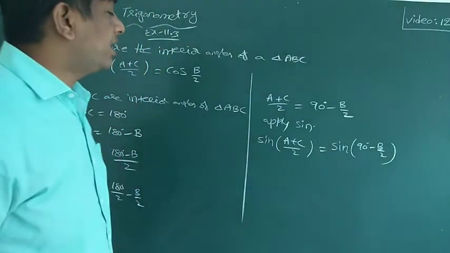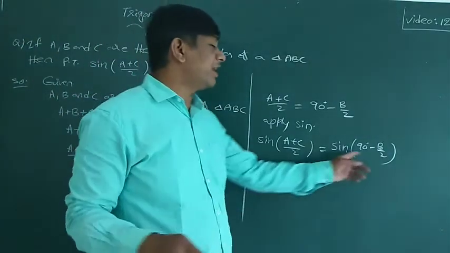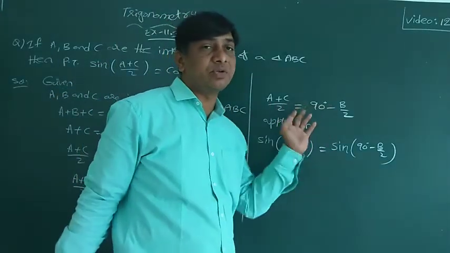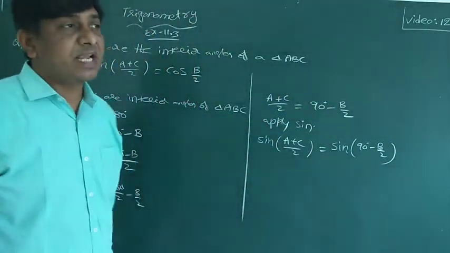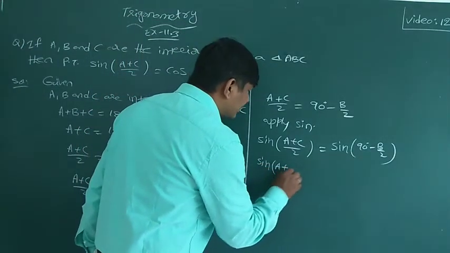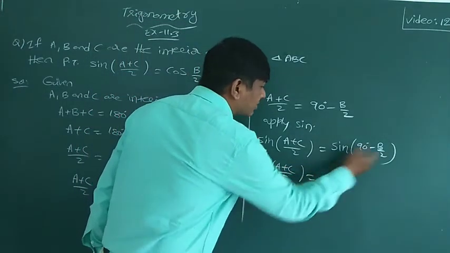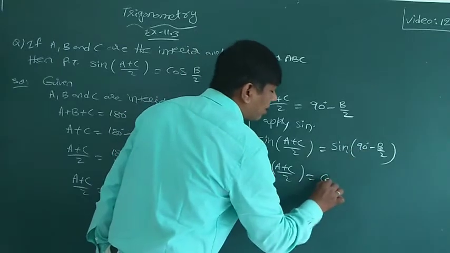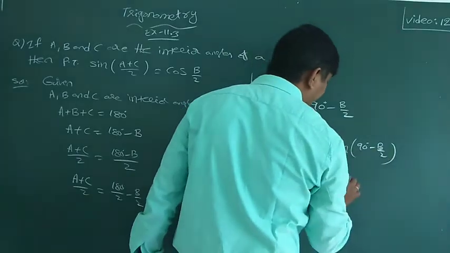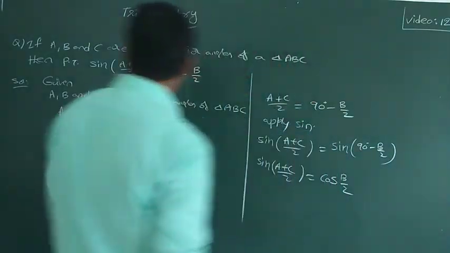Here the angles are given, and to the angles I applied the sine function. So sine of A plus C by 2 is equal to sine of 90 minus theta, which is cos theta, where theta means B by 2. Hence I proved it.